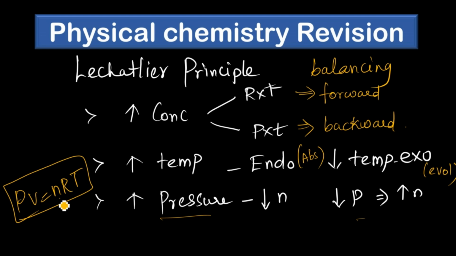Then pressure decreases means it will go in the direction where the number of moles is high. That is as simple as that. You can expect many questions from Le-Chatelier principle.